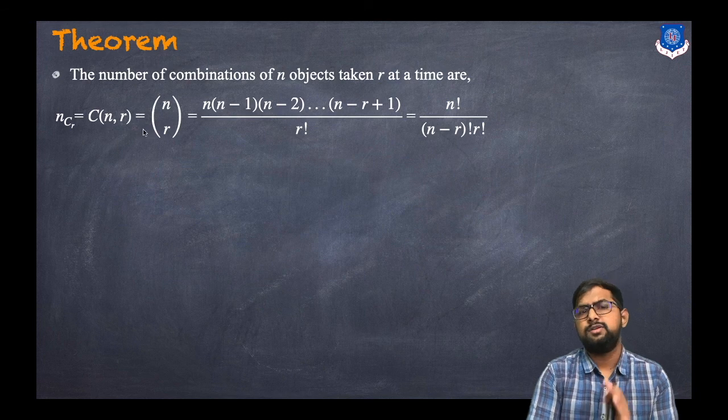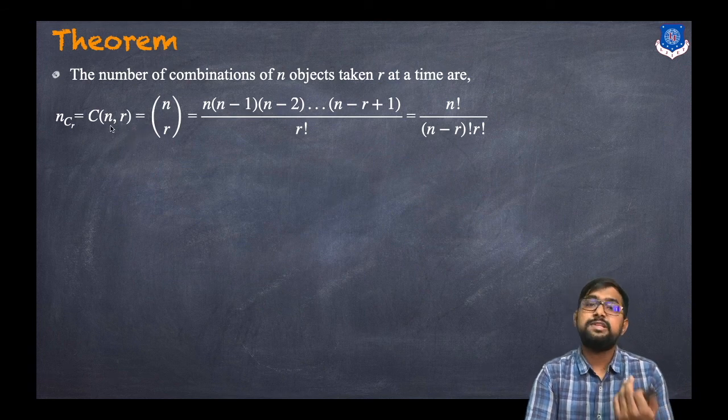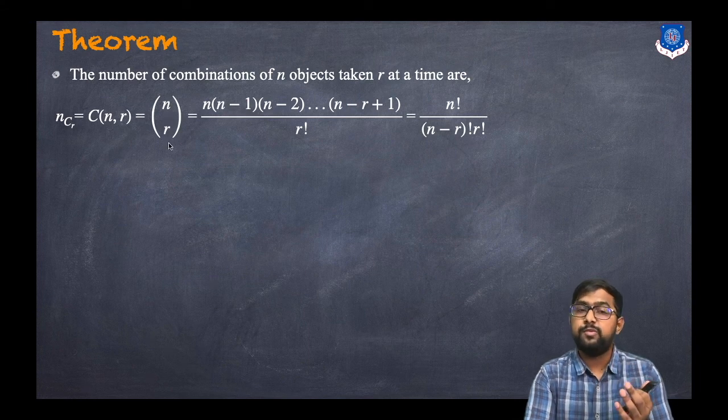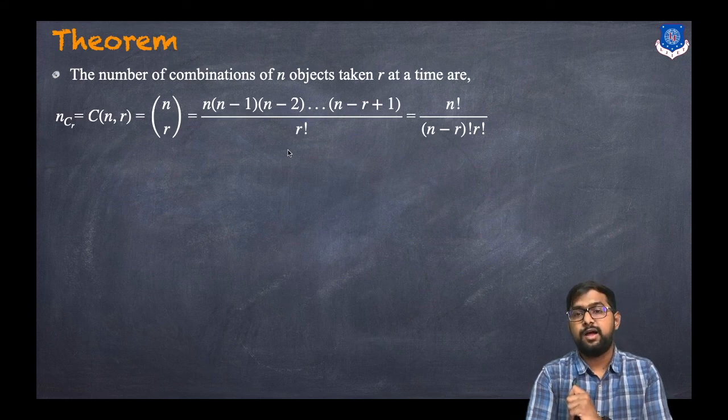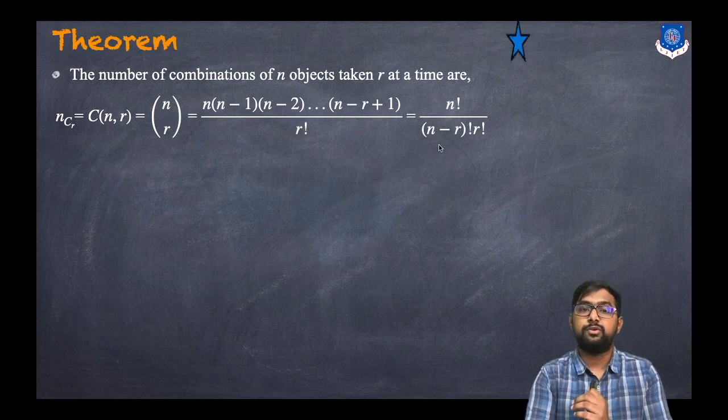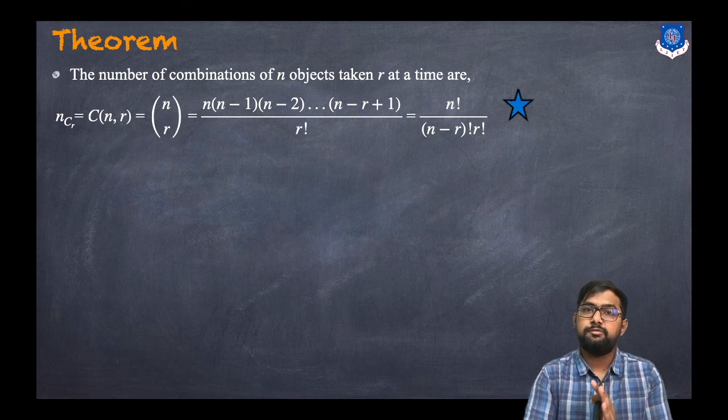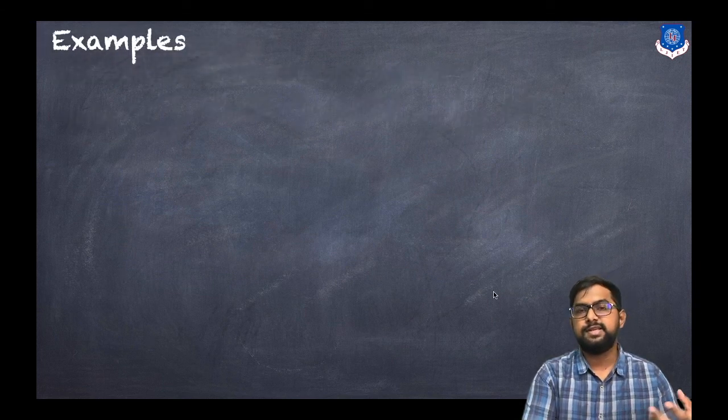Its formula is n(n minus 1)(n minus 2) up to (n minus r plus 1) divided by r factorial. That means n factorial upon (n minus r) factorial into r factorial, and this is important, we will use it. Let us discuss examples.